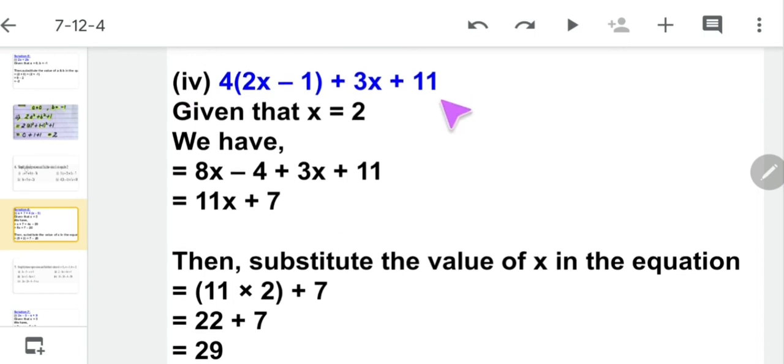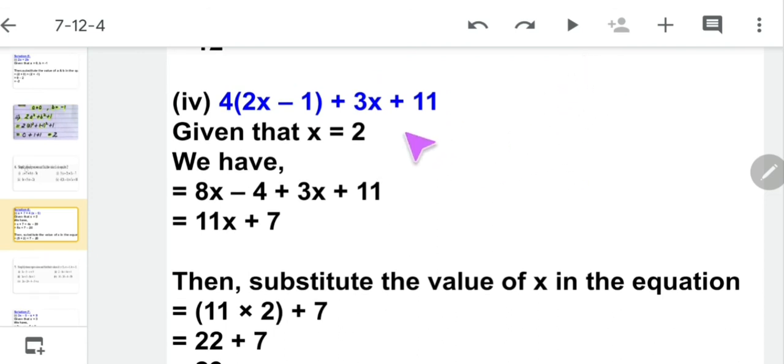Now let's do the fourth part. So let's first simplify the given expression. So this is our expression.